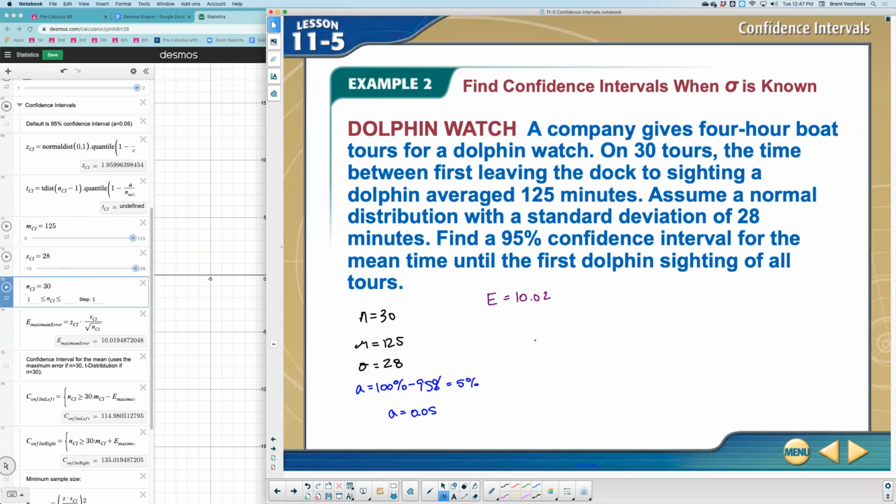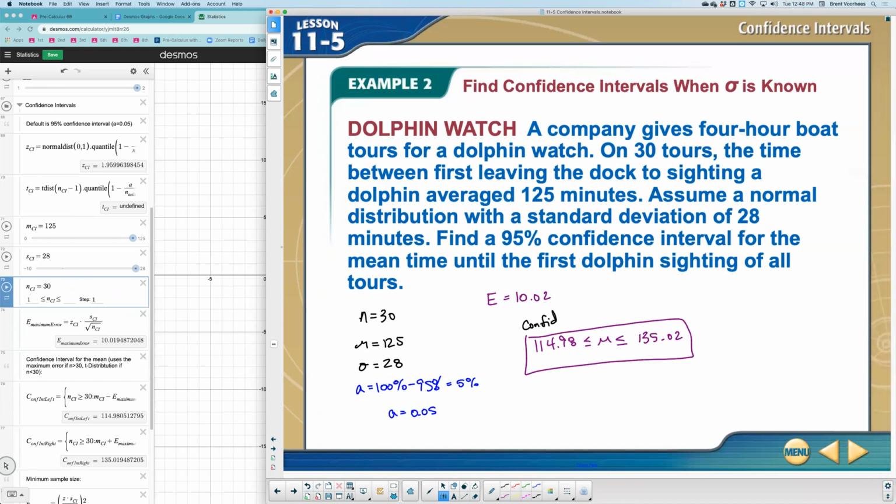We can say with 95% confidence that a tour will have a dolphin sighting between about 115 minutes and 135 minutes. That's my confidence interval there.